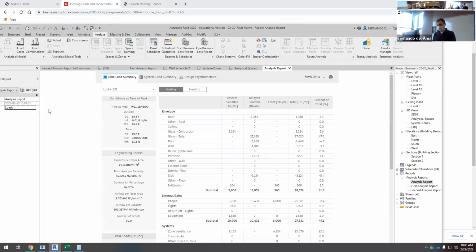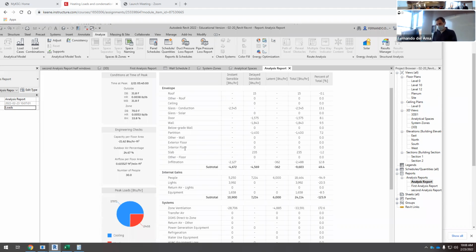Okay, so we have the new report, we have loads, we have to analyze the lobby, and then we have to analyze the heating. And now the roof is 15. The wall is 1,000, and the slab is 200. Okay, so now the wall is 1,843.